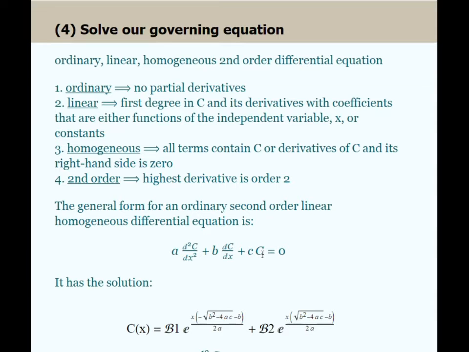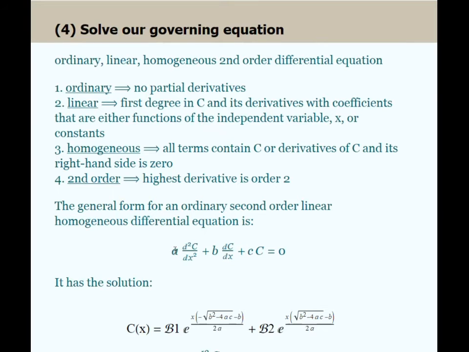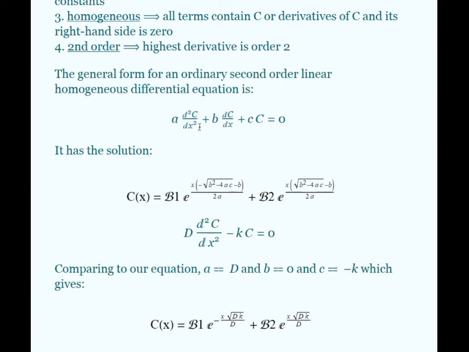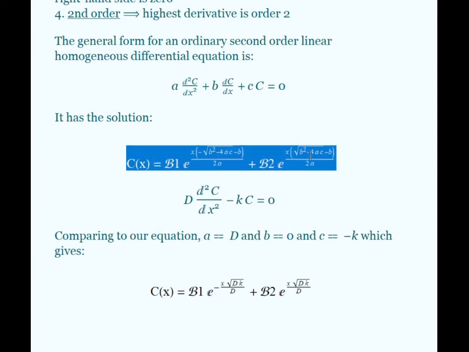C, the coefficient out front of our concentration, is just going to be minus k. And then a, the coefficient out front of the second derivative, is D. Knowing that, this particular form of the differential equation already has a known solution, and here's the general solution for this form.